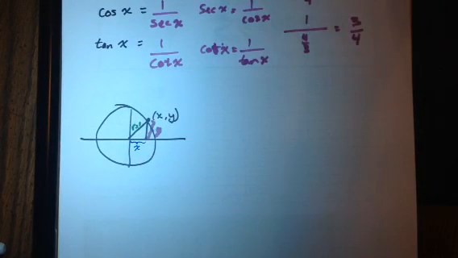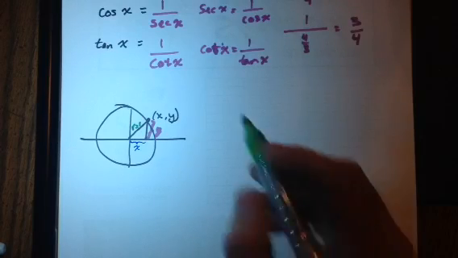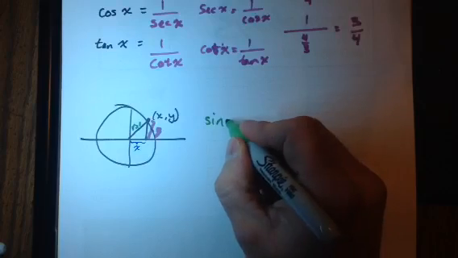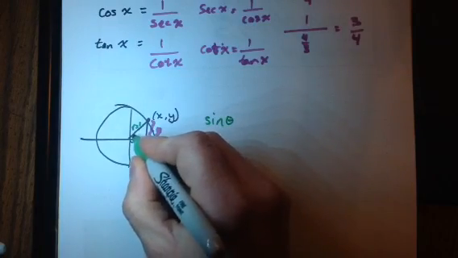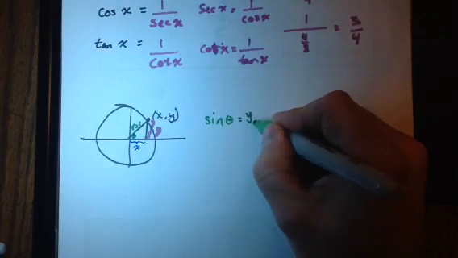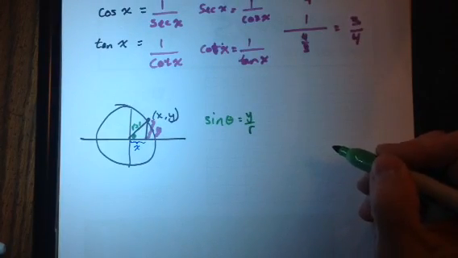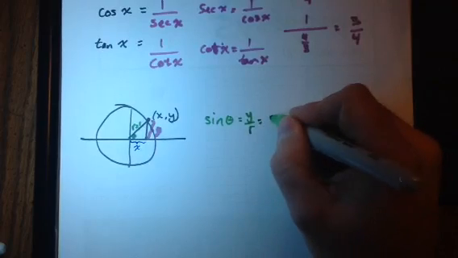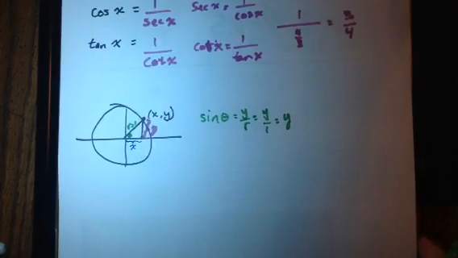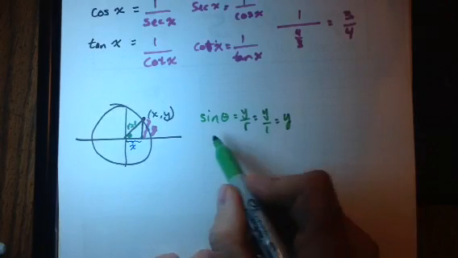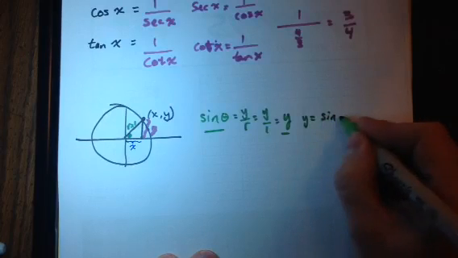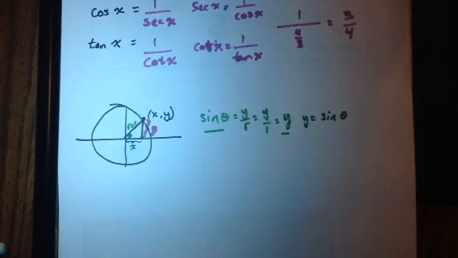So if we want to think about sine of my angle theta, we've been using the definition as y over r. But if my radius is 1, then that's y over 1 or just y. And if we look at that in the big picture, we can see that y is actually just equal to sine of theta on the unit circle.